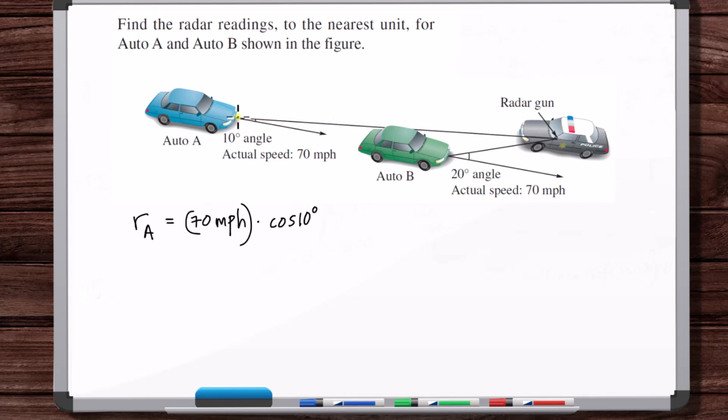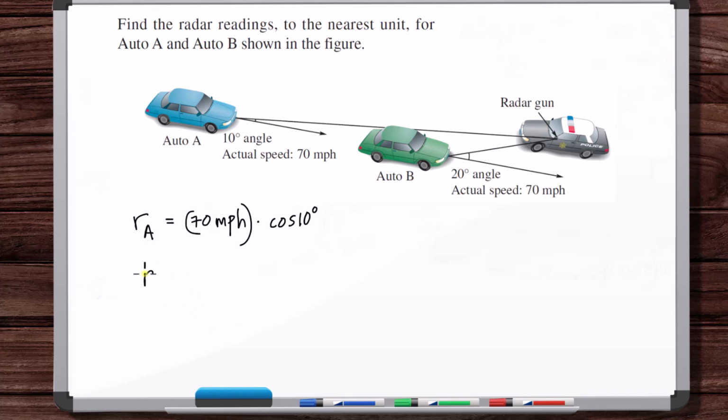You have the actual speed of the car, and then the speed at which the car's position is changing with respect to this direction is a little bit less, and that's what the radar gun's reading. That's a ratio of two speeds, so it's unitless. And so we have miles per hour times something unitless, we get miles per hour, which is what we expect. That's the radar gun reading of the velocity.